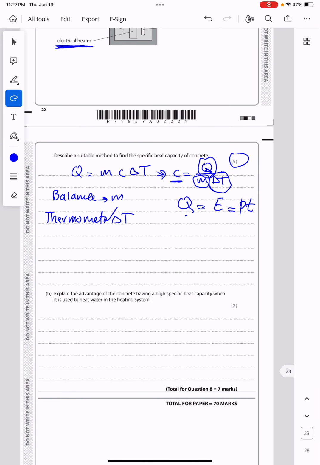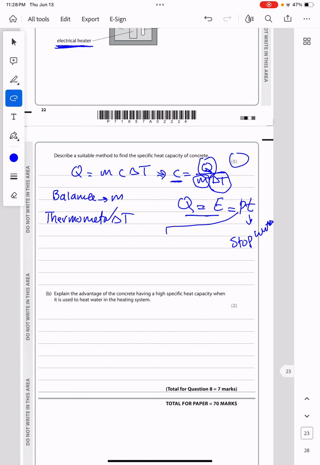So those two are equal, and so we can find the energy using the power from the power supply times the time. For the time, we can use a stopwatch to measure the time.